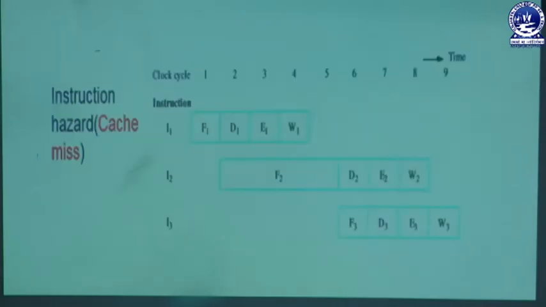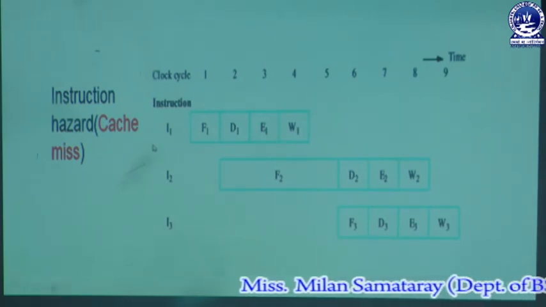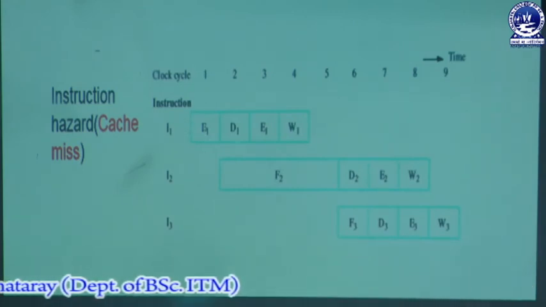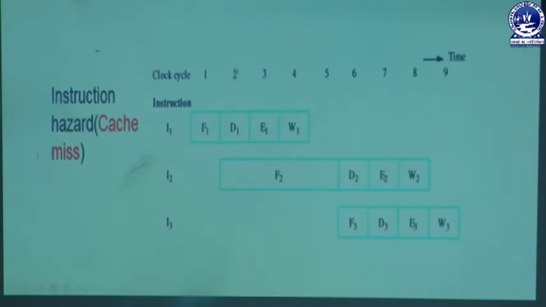So here is one example of instruction hazard. Here you can see the effect of a cache miss of one operation on the pipeline. The instruction I1 is fetched from the cache in cycle 1 and goes for decode in cycle 2.